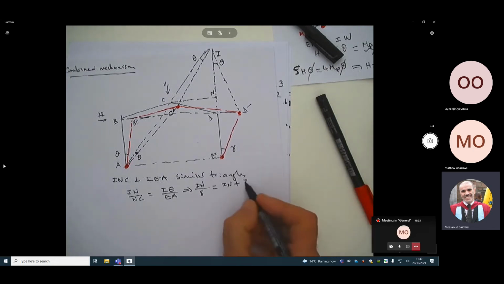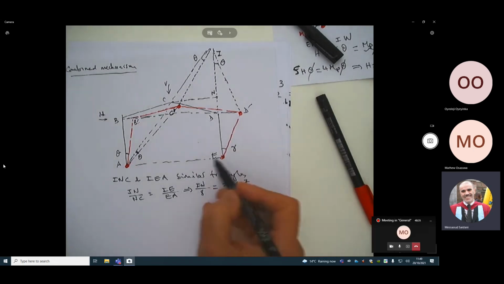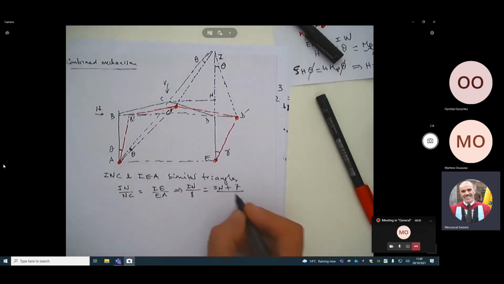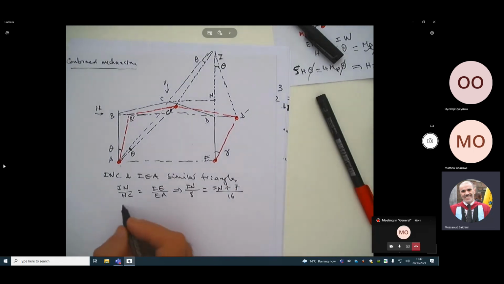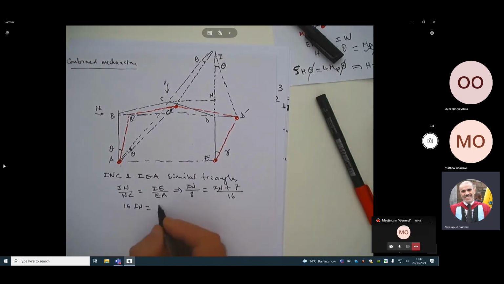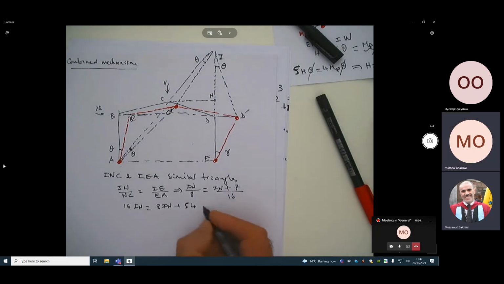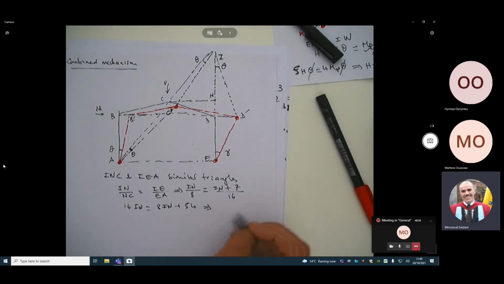So IN plus 7, divided by AE, which is 16. So now we have 16 IN equals 8 times IN plus 8 times 7, which is 56.